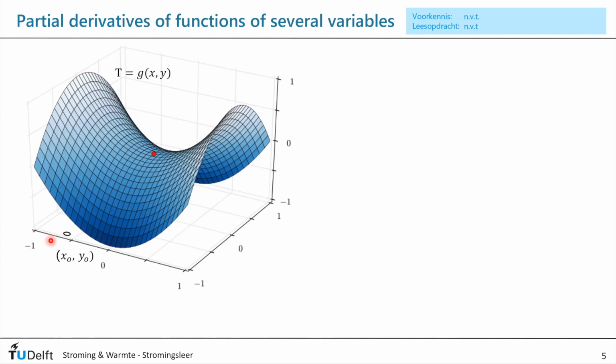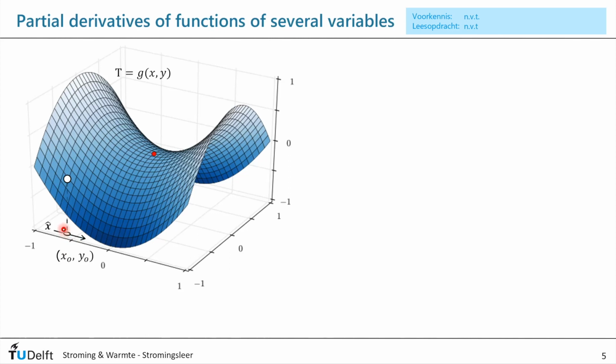At every single one of these points, I can measure the temperature, and the value I can read from the graph of the function. How fast does the temperature change now? You see immediately that you don't have enough information. We need to know in which direction in the xy plane we're moving before we say how the function varies, how the temperature varies.